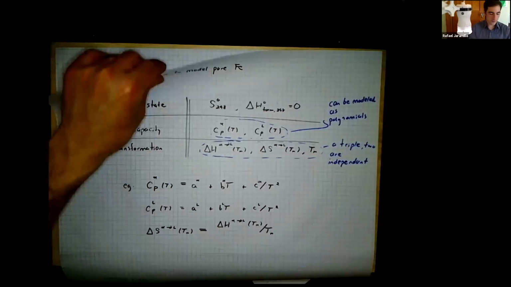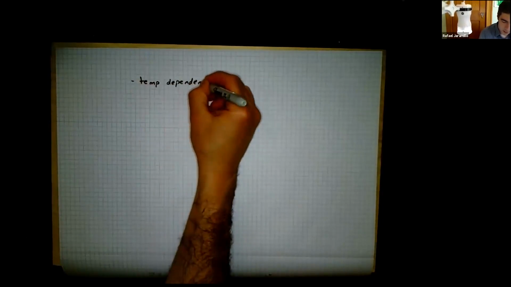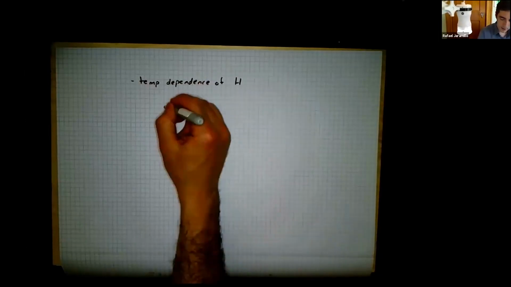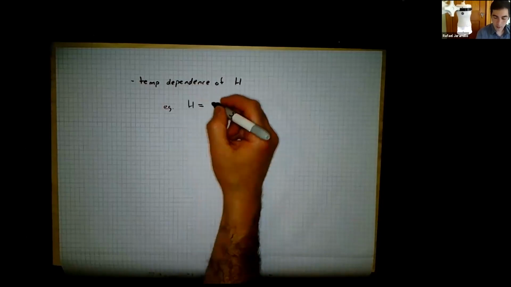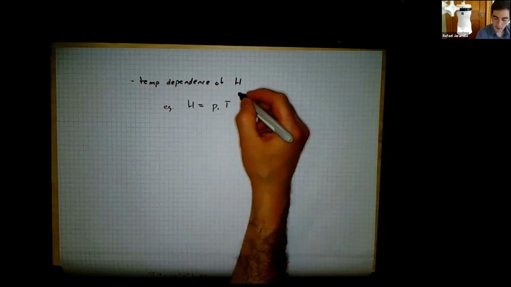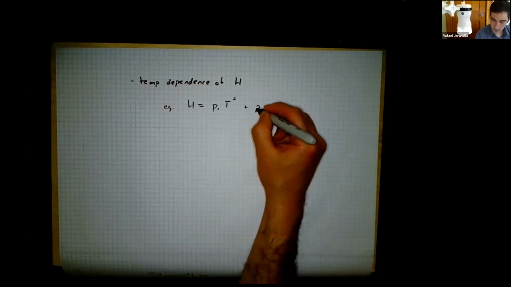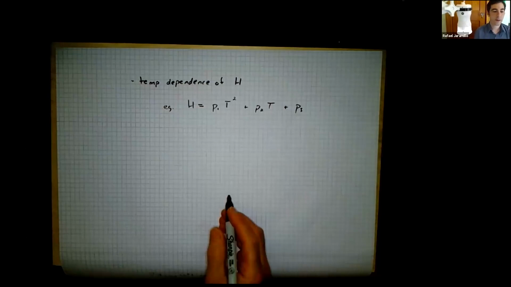I've modeled the temperature dependence of H. I've modeled it as follows: H equals, well, in MATLAB, it calls the polynomial coefficients by indices P. So I've modeled it like this. That's what MATLAB spits out. Other programs spit out similar things.